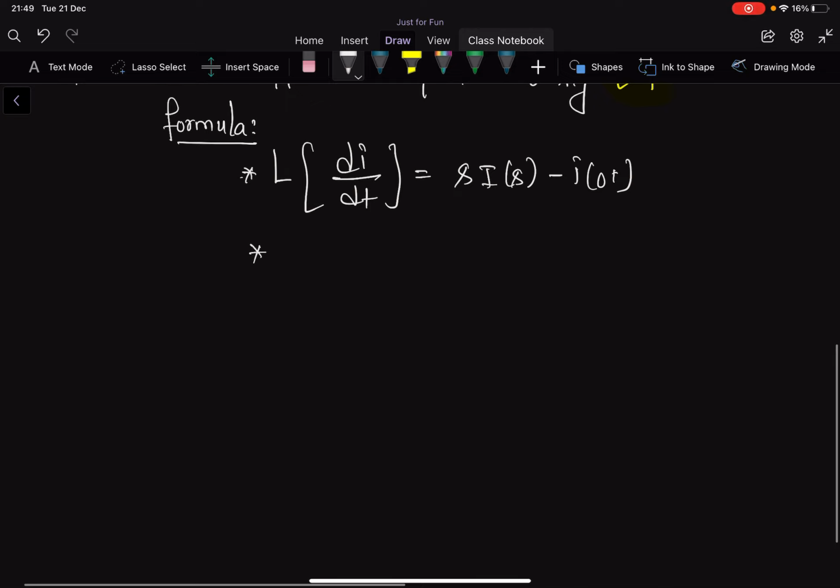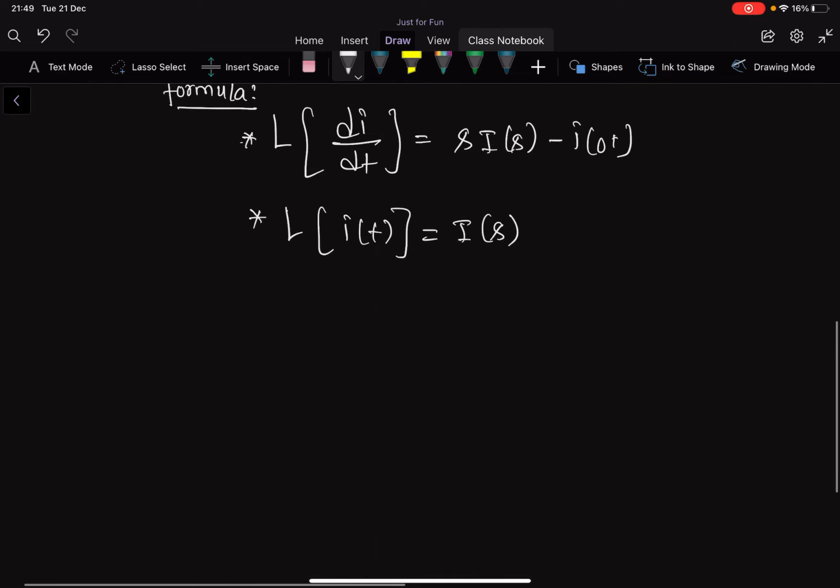Similarly, we'll need the Laplace transform of I. Normally I or I(t), sometimes I write I or small i or i(t), they are basically the same. They will change into capital I with s in brackets. Normally, whenever you are doing frequency domain, if a capital letter is indicated, then it is in frequency domain.